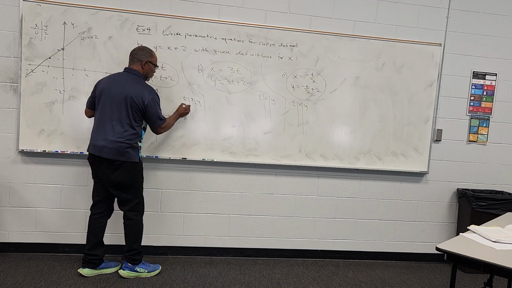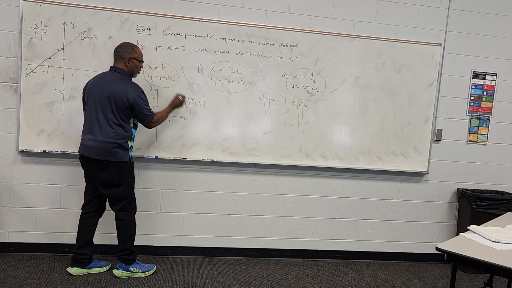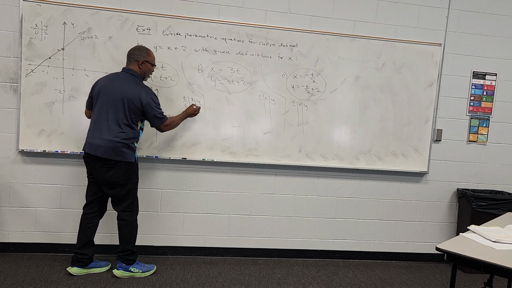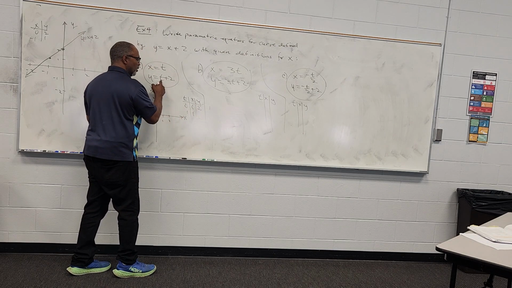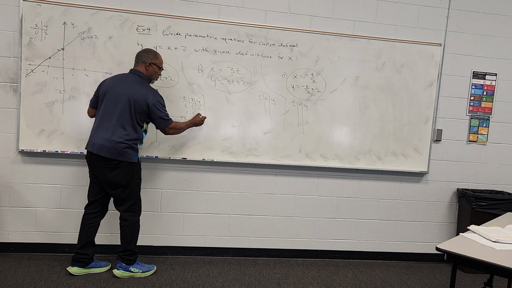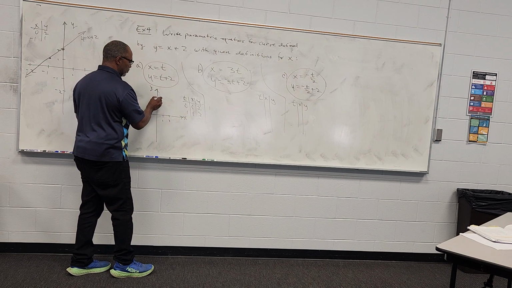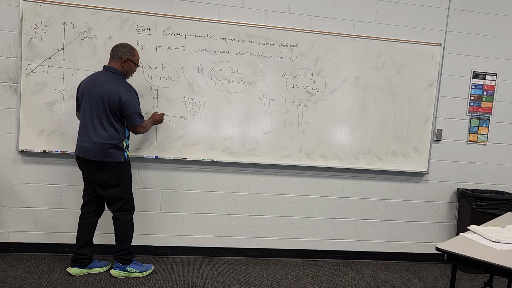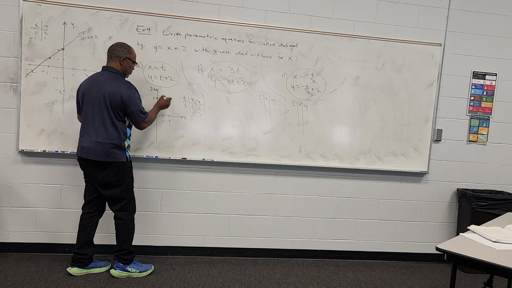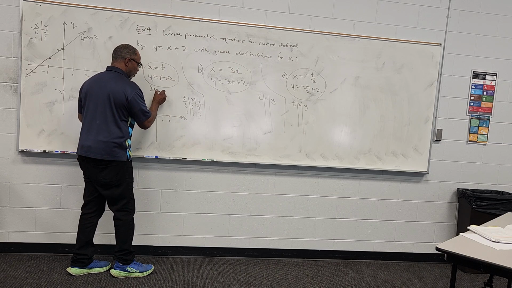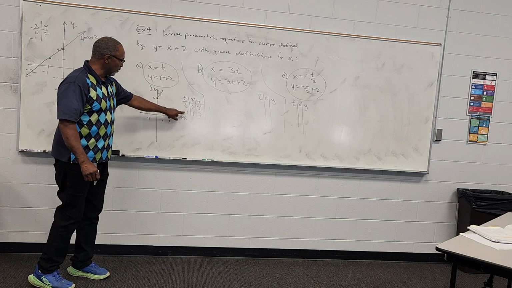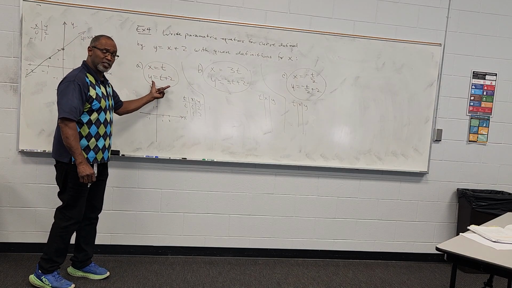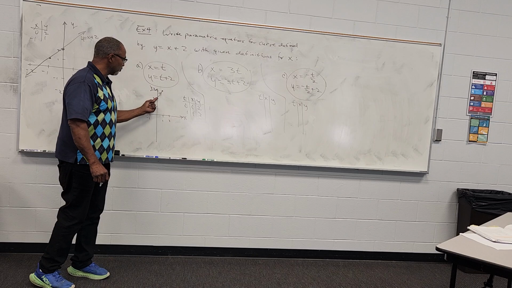I'm going to start at t equals 0. When t equals 0, x is 0 and y is 2. When t is 1, x is t, so x would be 1, and y is 1 plus 2, which would be 3. So 0, 2, and then 1, 3, and I'm going in that direction. So as t goes from 0 to 1, for this parameterization, this function will go from right here to right there.